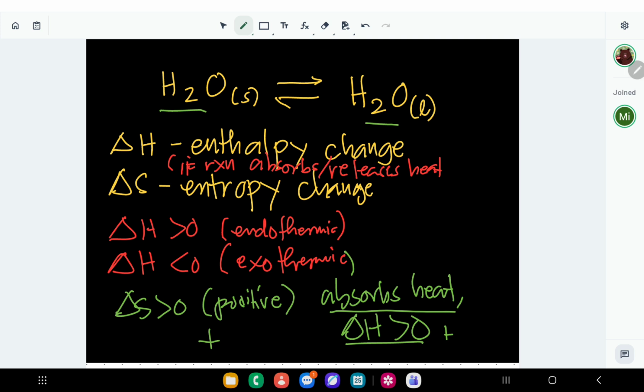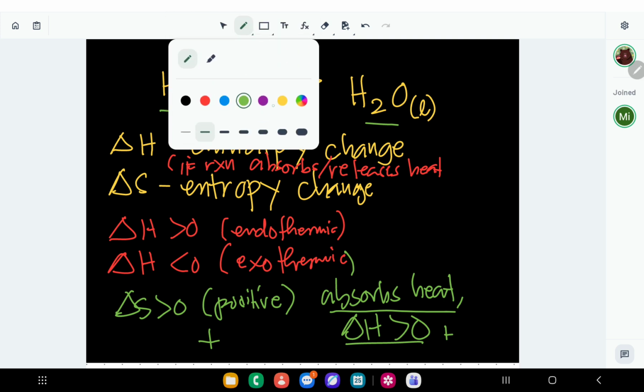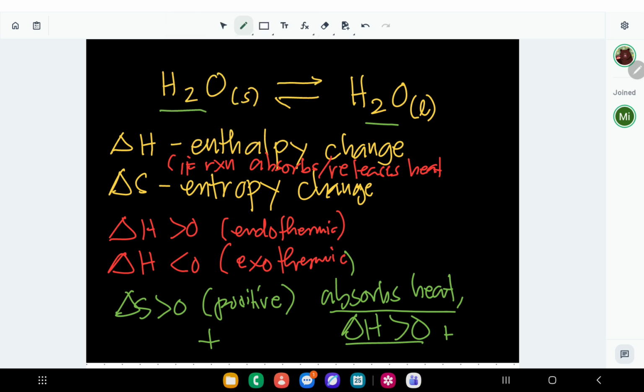If the particles are more disordered, then delta S, the entropy, is positive. If it is ordered, then it is negative.